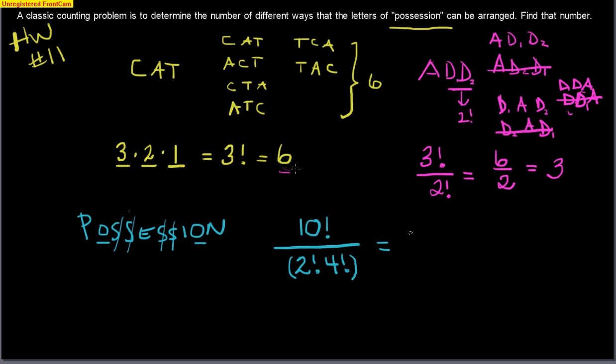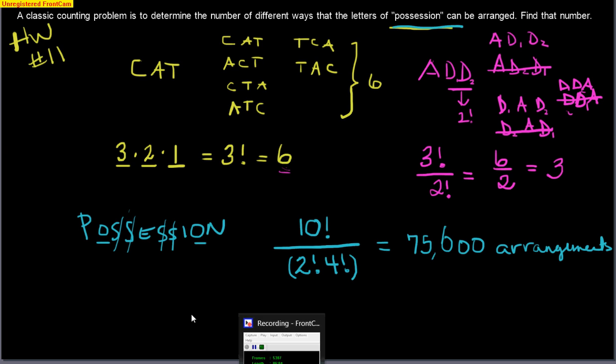And when you finish, out should come 75,600. So that's a lot of different ways that we can arrange the letters in the word possession. So try another one. Maybe the word Mississippi.